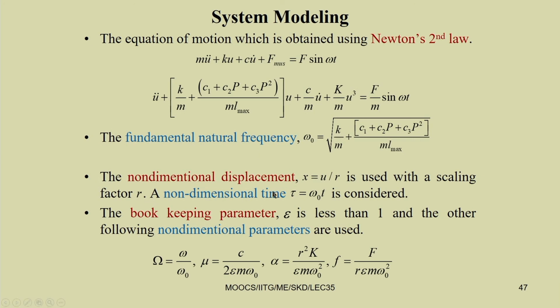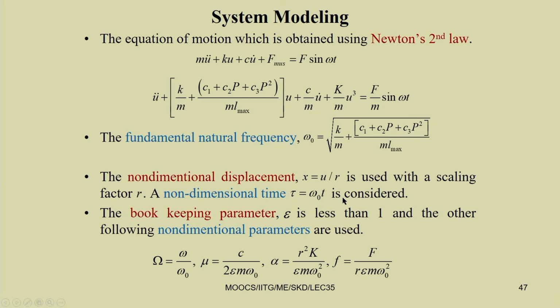Now, the non-dimensional displacement x we can take as x equal to u by r, where r is used as a scaling factor. A non-dimensional time tau can also be taken as omega 0 t. By taking this non-dimensional time, we can write the equation of motion in a more simplified form.